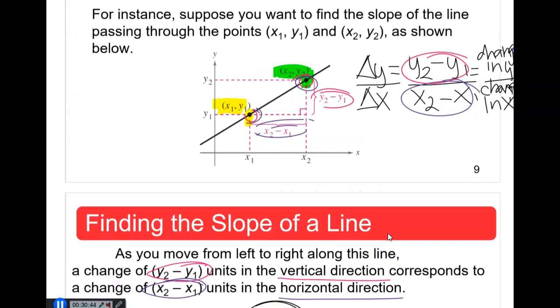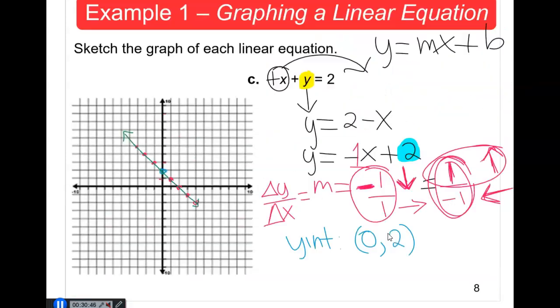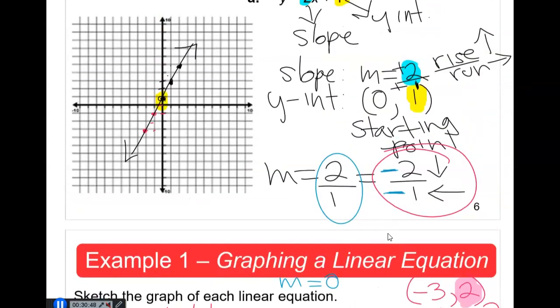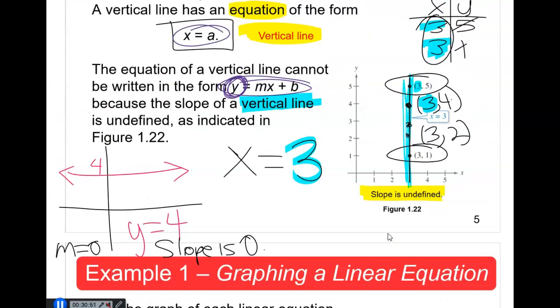Now, if we look at the vertical line that we had over here, again, remember we said the slope is undefined. Well, that is because the x values are the same with two different y values.